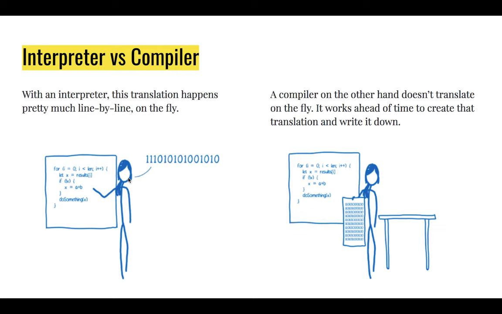Let's say I have wrapped this into a function and this into a function, and I call the functions many times in my code. So this loop runs many times and this loop runs many times. If we use interpreters, whenever the function is called, this loop will be translated into binary, and for every iteration of the loop, that will again be translated into binary.